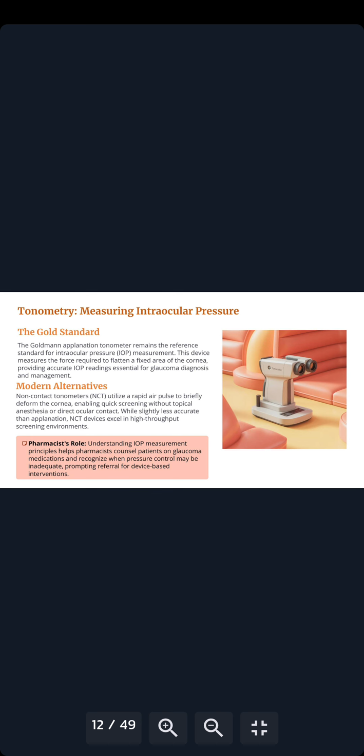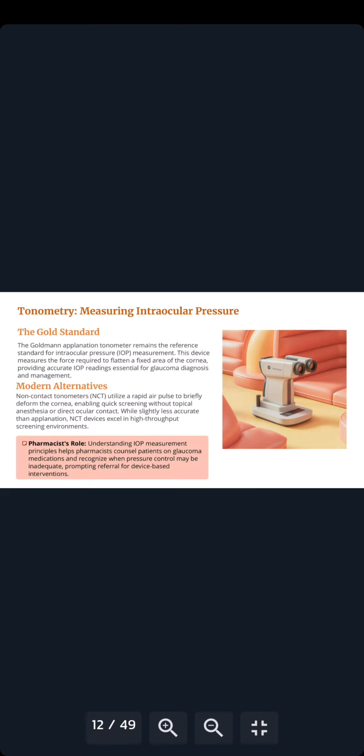This device measures the force required to flatten a fixed area of the cornea, providing an accurate intraocular pressure reading for glaucoma. You may go to an ophthalmologist's office and they can check your IOP with this device.